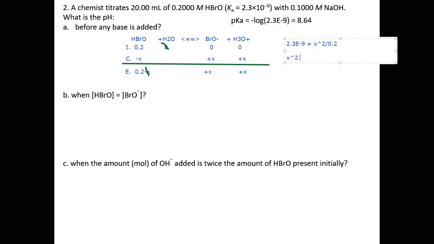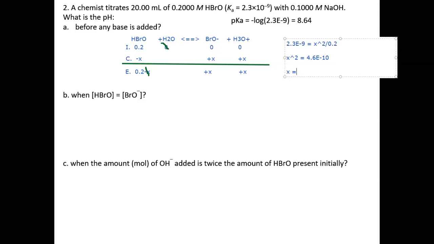So X squared equals 4.6 e to the negative 10.